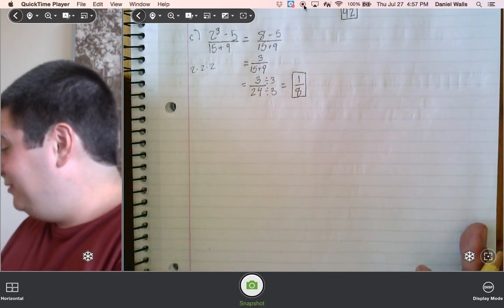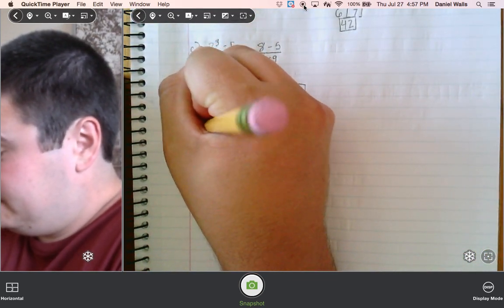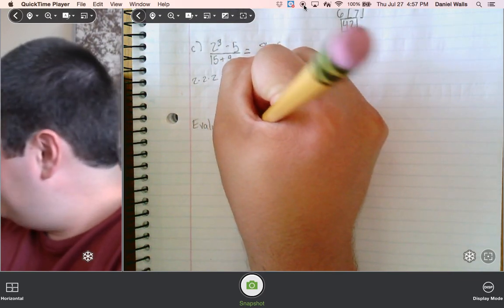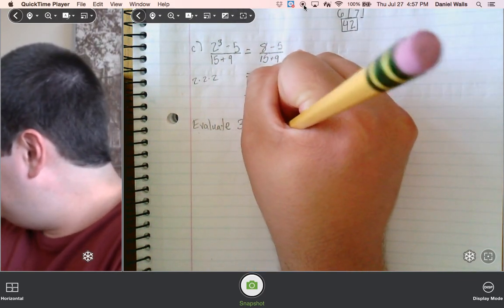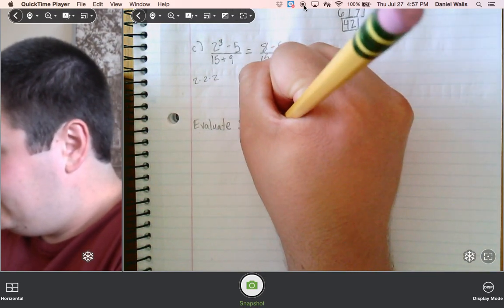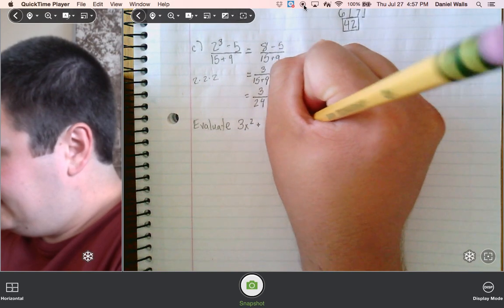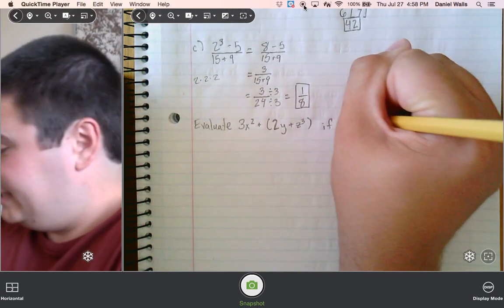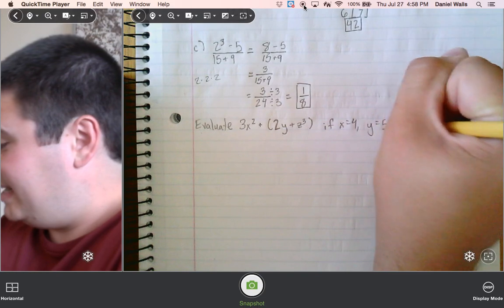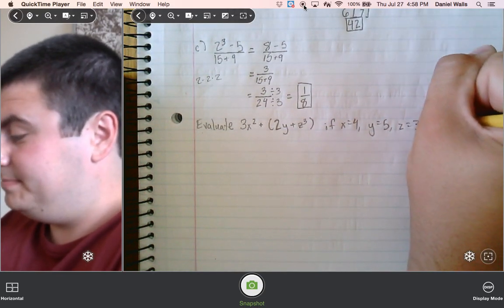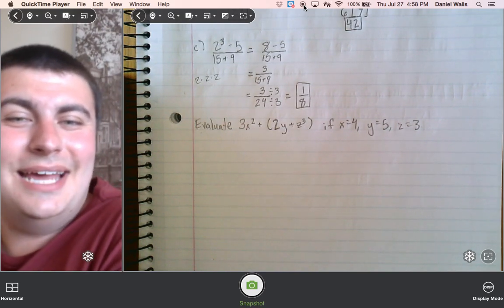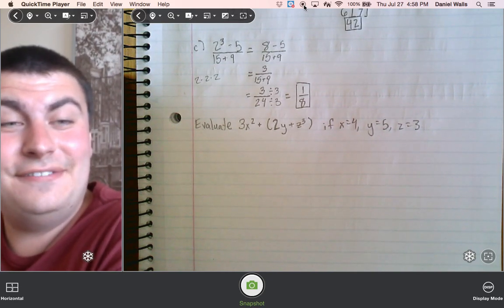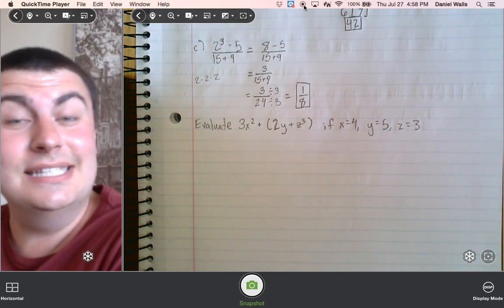And this time we're going to evaluate the expression 3x squared plus the group 2y plus z cubed, if x equals 4, y equals 5, and z equals 3.